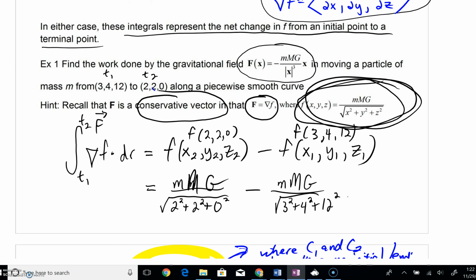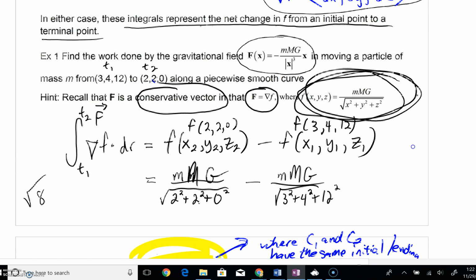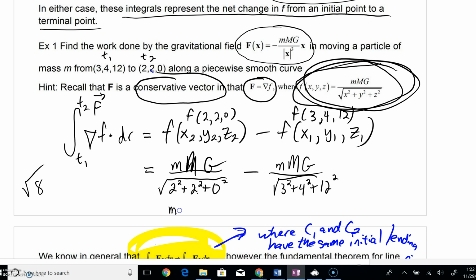Wow, that's cool. Look, 2 squared plus 2 squared, I think we could, in a heartbeat, know that 4 plus 4 is 8, and radical 8, of course, is just 2 root 2. So if we were to clean this up a little bit, we'd have MMG all over 2 root 2. And then over here, we'd have capital MG.